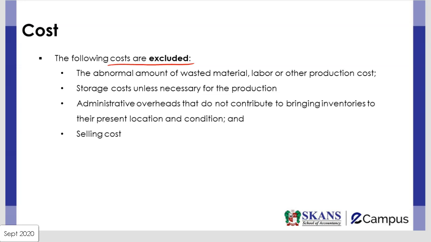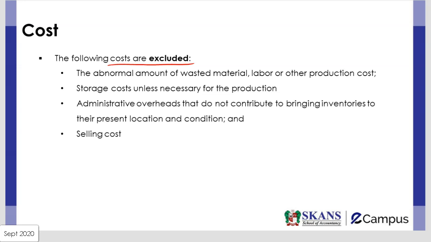That is normal loss. Normal loss will become a part of the cost of asset. But what if we cut the paper wrongly or the paper was lying around and it got damaged somehow? Those kinds of losses are abnormal losses. They are not a part of our regular production process. Such costs are excluded from the cost of asset.